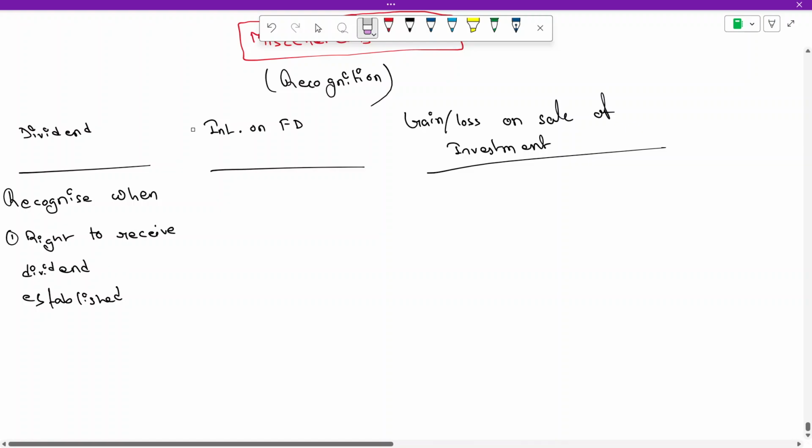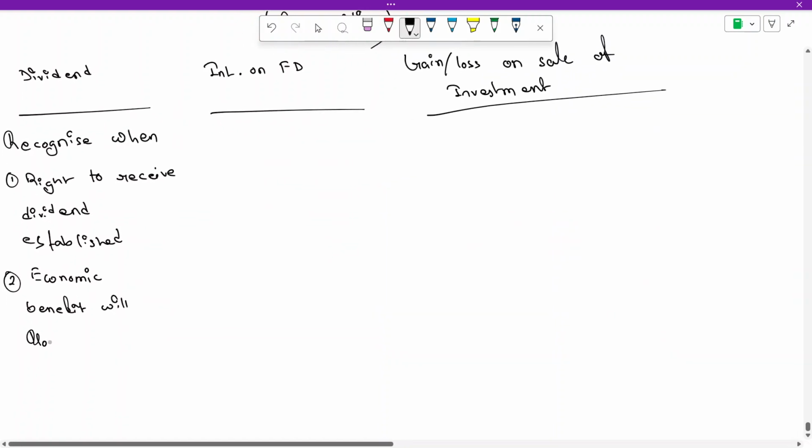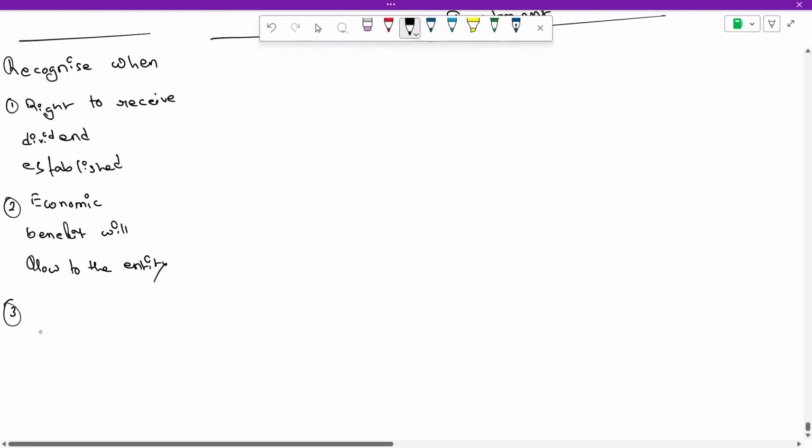Not if. Second will be economic benefit will flow to the entity. Third, amount can be measured reliably.